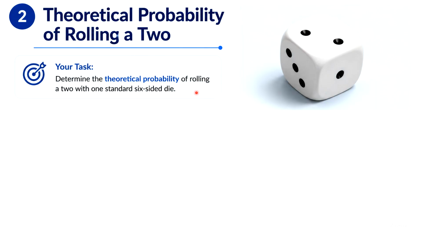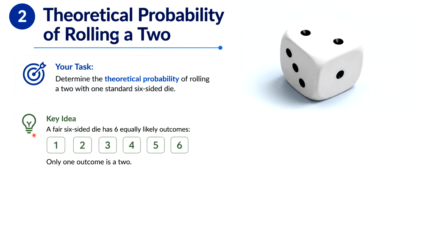The assignment is asking you to write your answer in three equivalent forms: as a fraction, a decimal rounded to three decimal places, and as a percentage rounded to one decimal place. Notice the instructions tell you exactly how to round your decimal and percentage, so make sure you follow those directions.